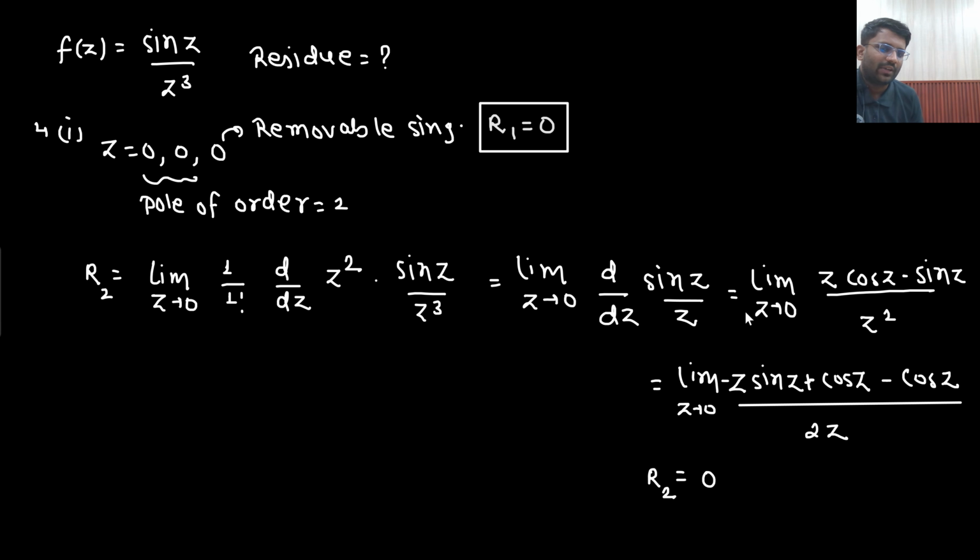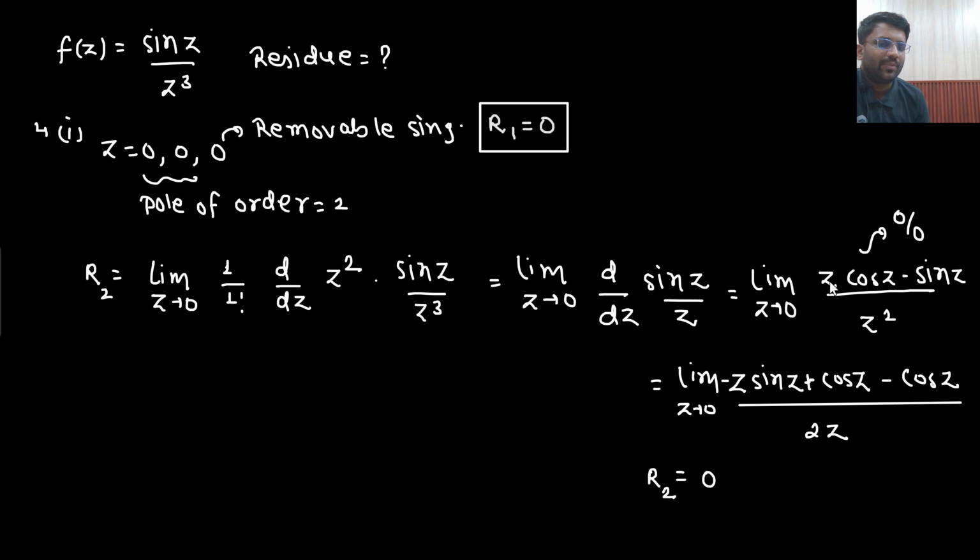When I did the differentiation, what am I getting? z square z, differentiation of sin will be cos, minus sin z and then 1. Now if I put the limit here, it is becoming 0 by 0 form. So I will apply L'Hopital rule. Differentiation downward will be 2z.